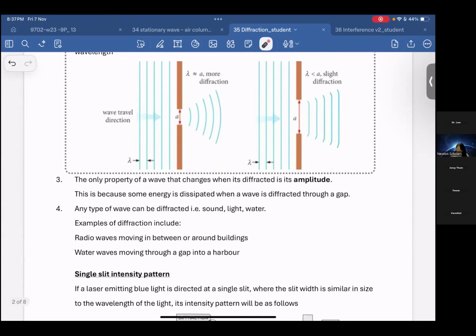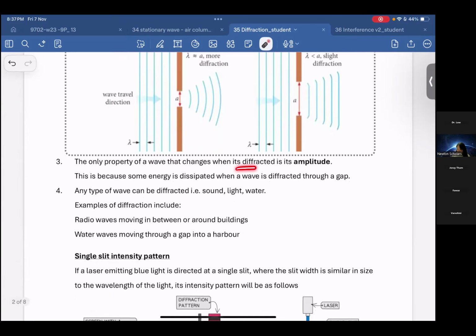The property that will change during diffraction is the amplitude, because they spread out and the energy is dissipated. When they spread out to a larger area, the energy is spreading out, so the amplitude decreases.